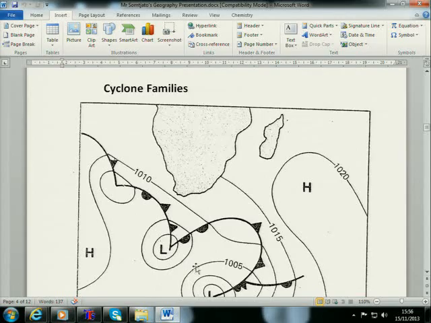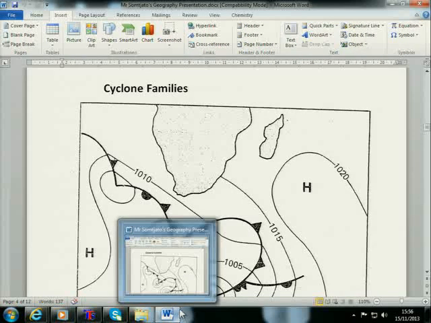This is the first mid-latitude cyclone, this is the second, and this is the third. It is in this case that a learner should know which one came first. The oldest is the furthest south. Where is our south?